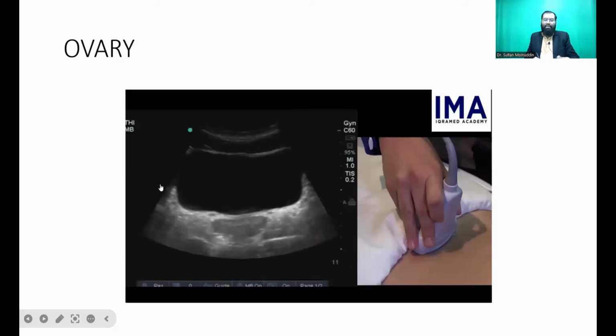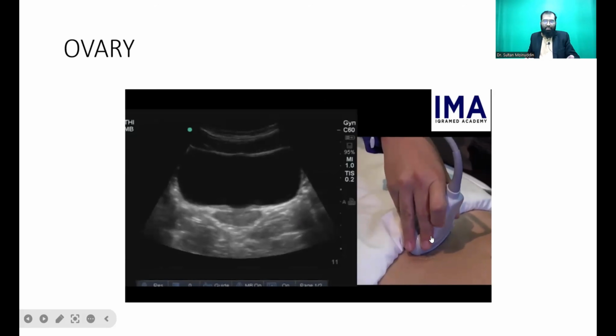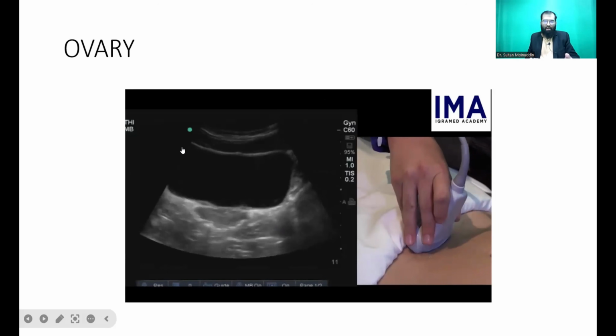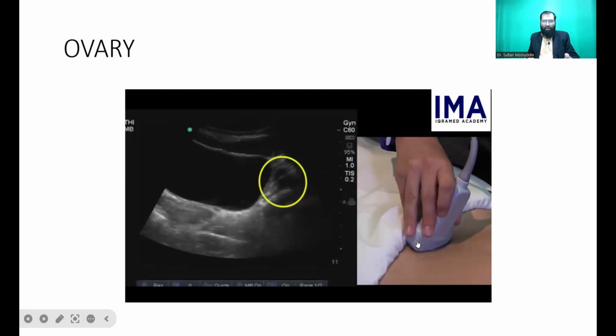So now this is the method which I was discussing. Look here. Here we are taking a transverse section and going as far inferior as you can, such that you see a square or rectangular bladder, okay, a quadrangular bladder. Now direct your probe to the side where you want to see the ovary.